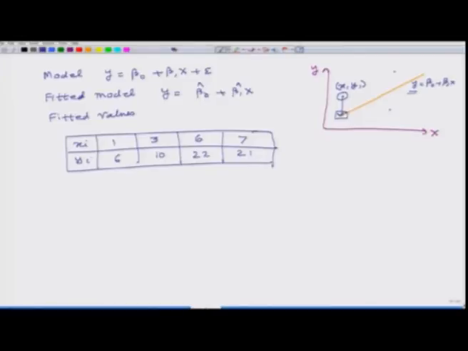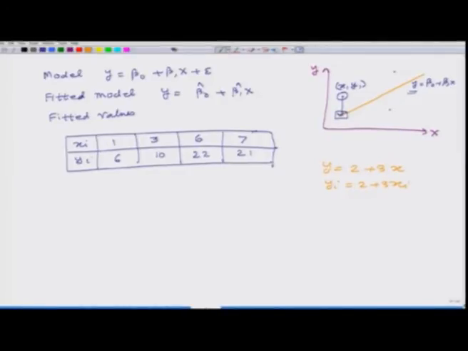Now, suppose after fitting the model, after obtaining the values of beta 0 hat and beta 1 hat on the basis of these 4 pairs of observations, I get a model y equals 2 plus 3x. So all these xi, yi are also going to satisfy this model.